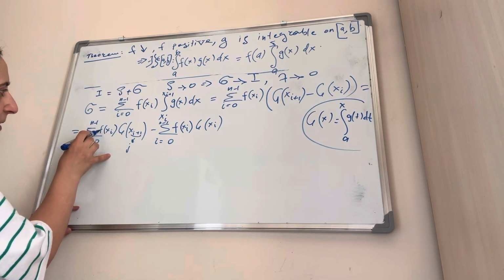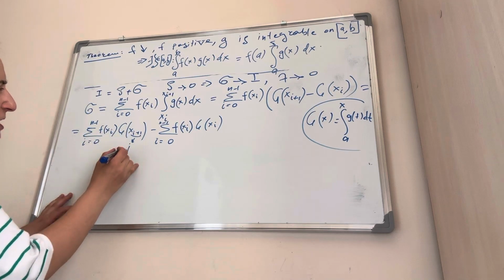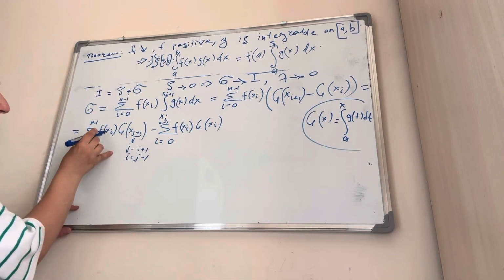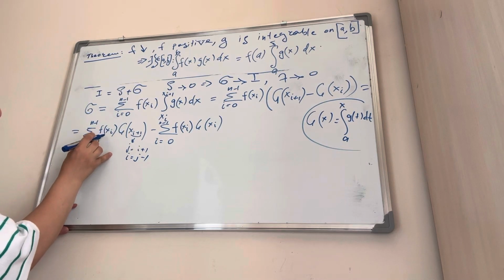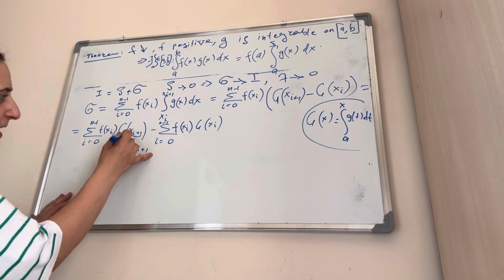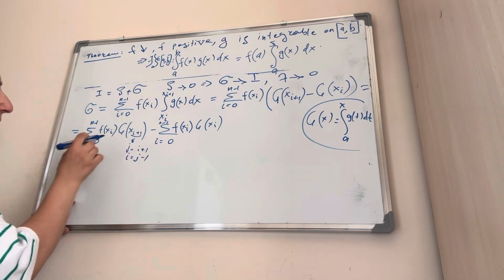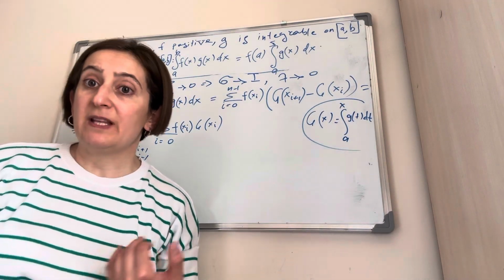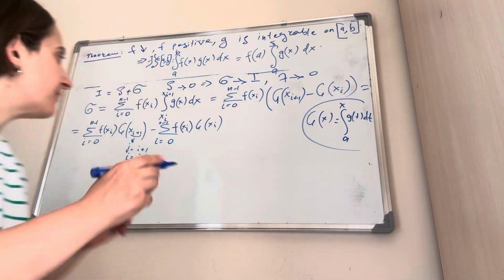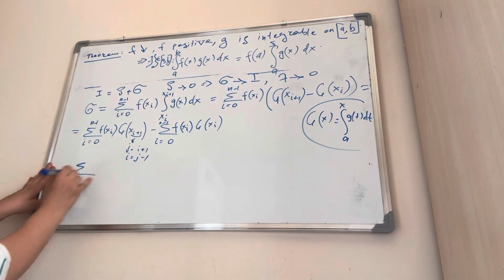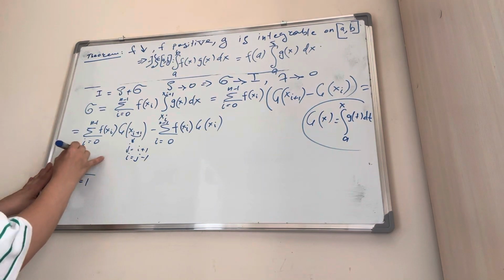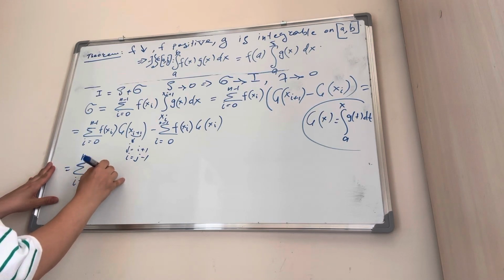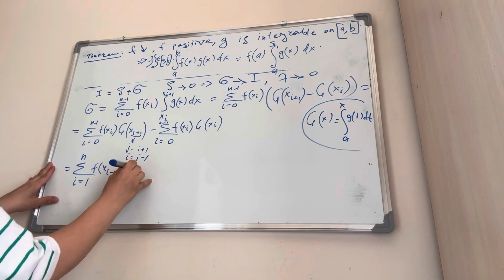And here we will have f at x_j minus 1, since j is i plus 1, so this means that i is j minus 1, and here just G at x_j. But then substituting back j with i, we will have the sum, i changes from 1 to n, of f at x_(i minus 1) times G(xi).